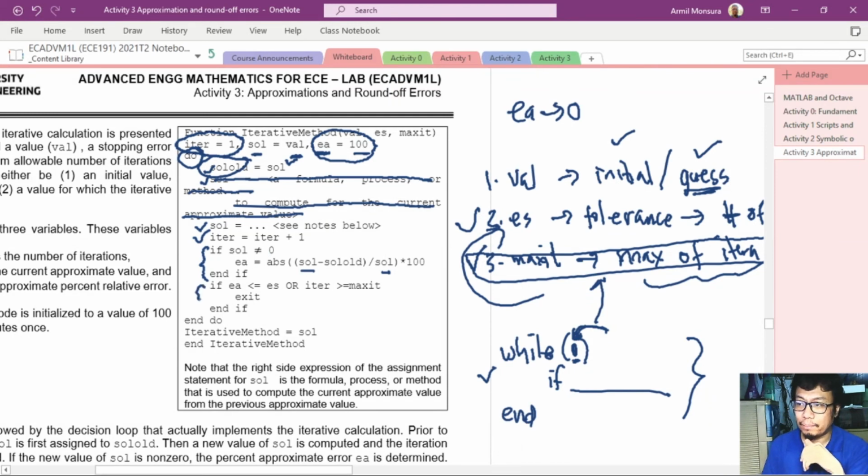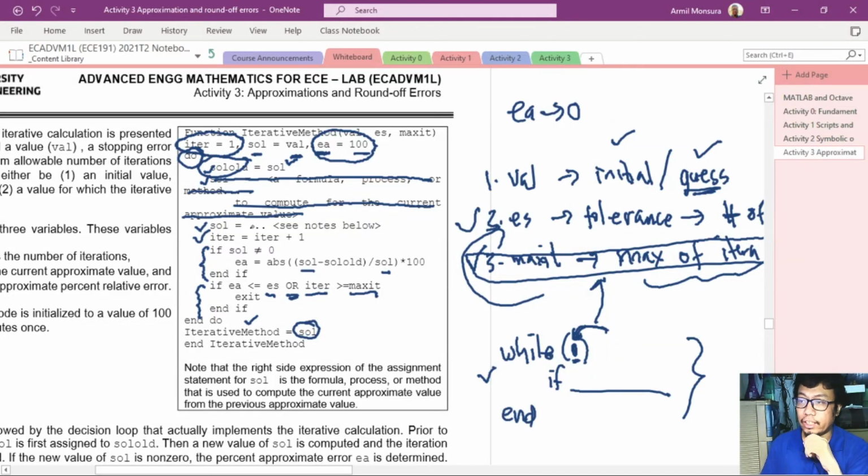And then, this is your stopping criterion. Okay. So, if your EA is less than or equal to the tolerance, or, you would use the operator or, the number of iterations reaches the maximum, so it's greater than or equal to, okay, then we exit the program. Okay. And then we write the solution to your function, so that the function would return the value of the solution.